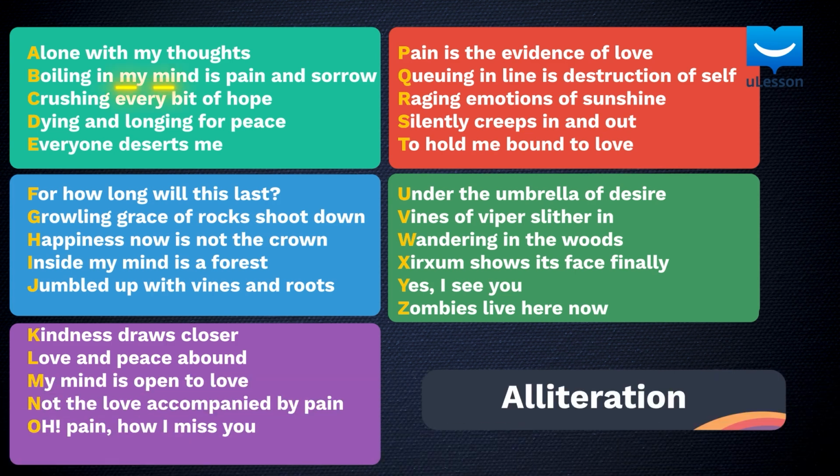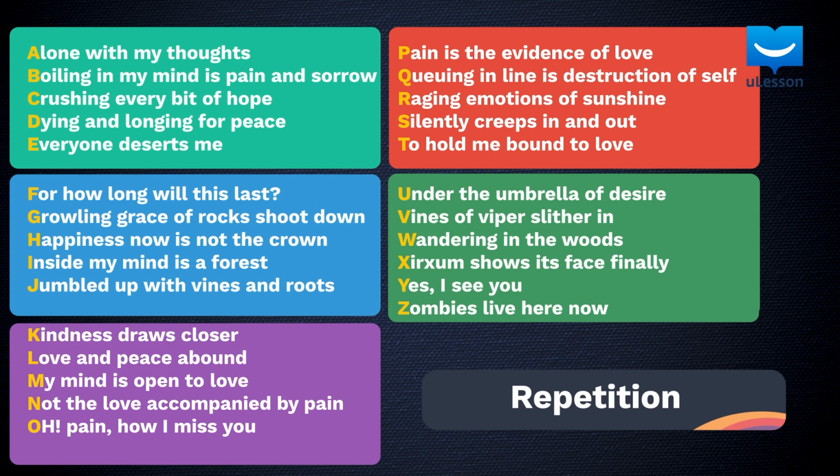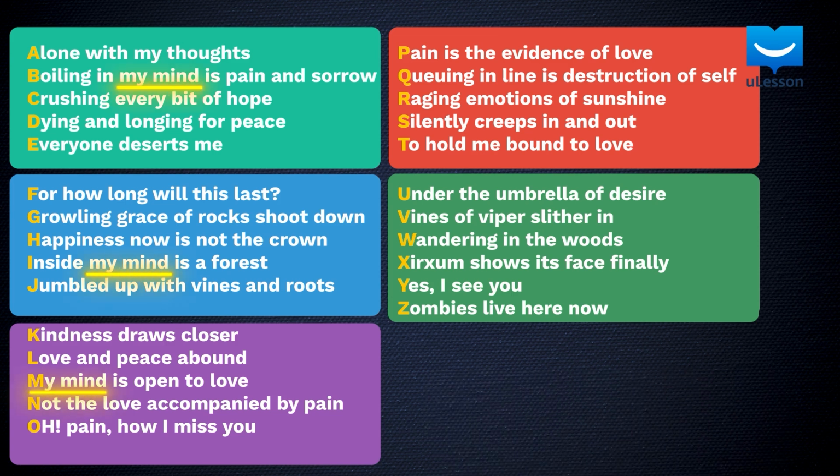This we can see in lines 2, 7, 9, 13, 21, 22, and 23. Repetition is another literary device in the poem. There's the repetition of the phrase "my mind" in lines 2, 9, and 13.